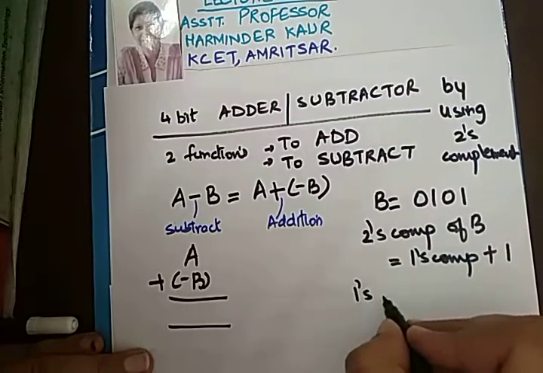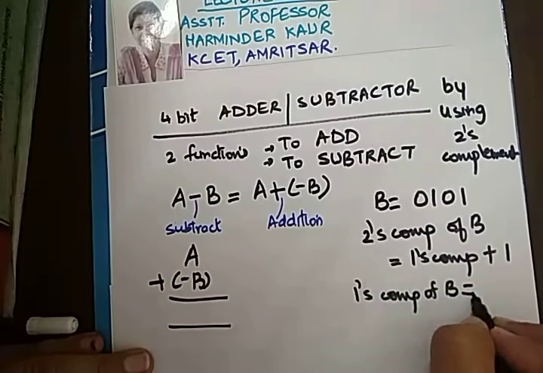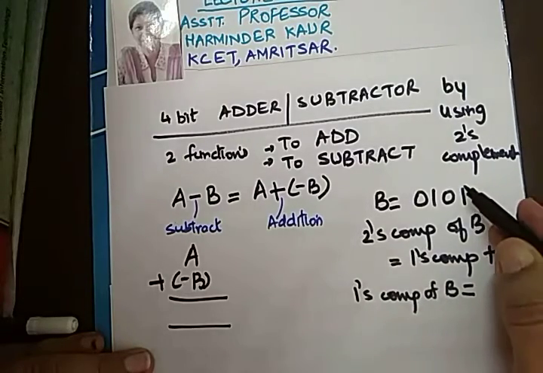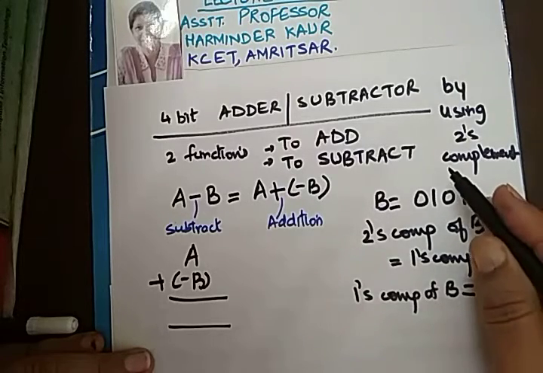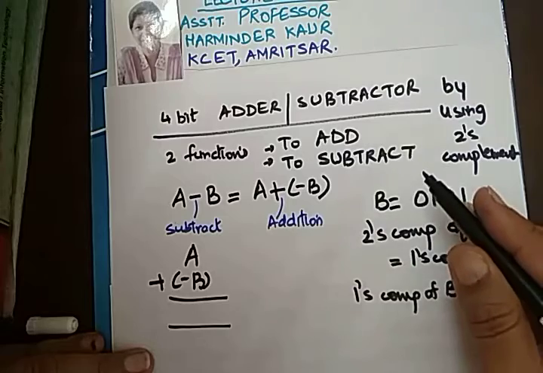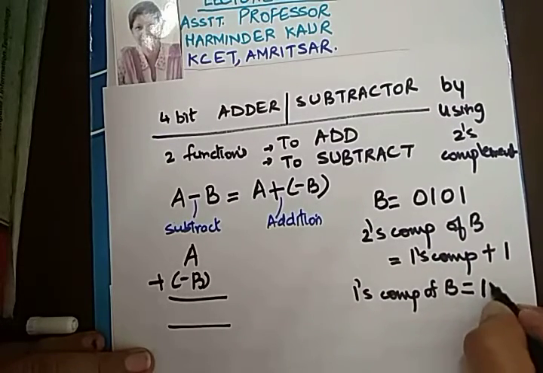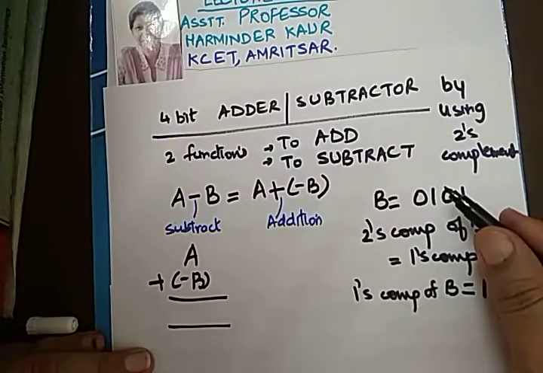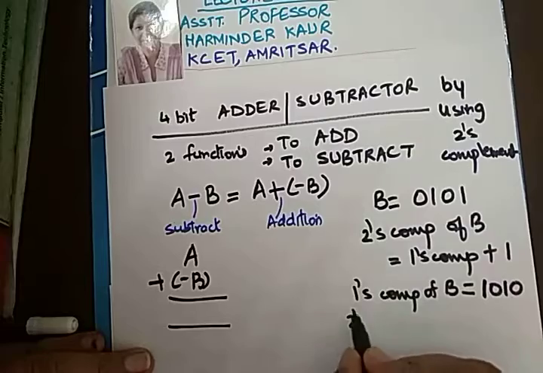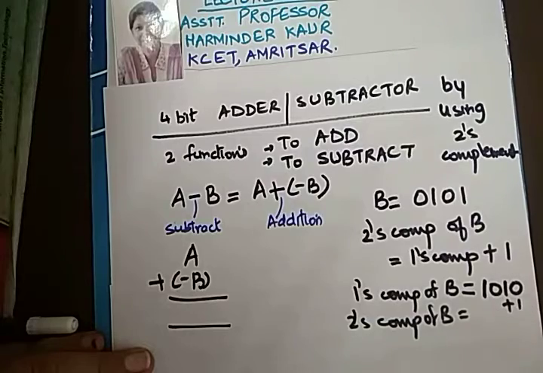So we first need to find the 1's complement of b. How do we do it? We just reverse the bits. So 1 becomes a 0, 0 becomes 1, 1 will be 0, 0 will be 1. So the 1's complement of b will be 1, 0, 1, 0. Just the opposite of this one. 2's complement of b will be this 1's complement plus 1.